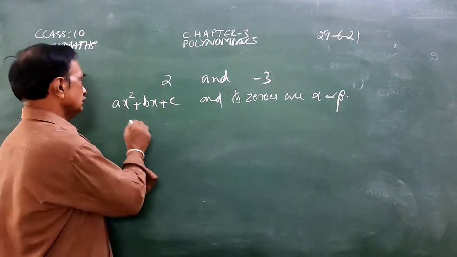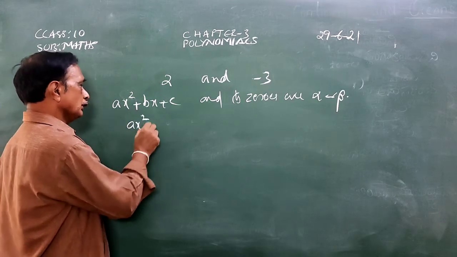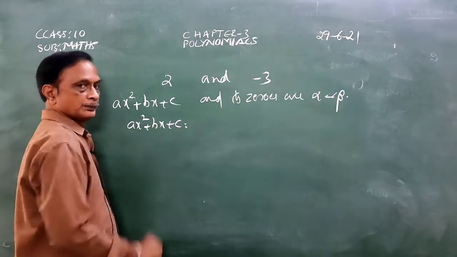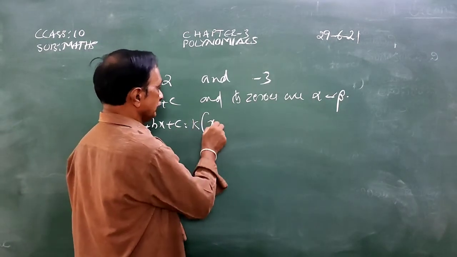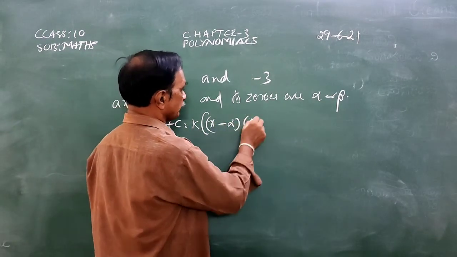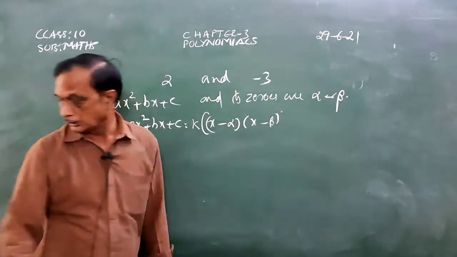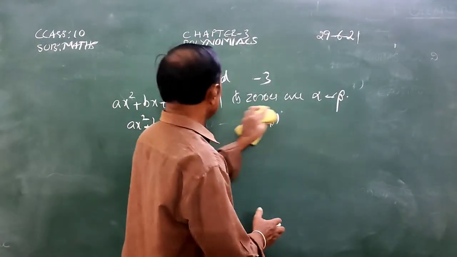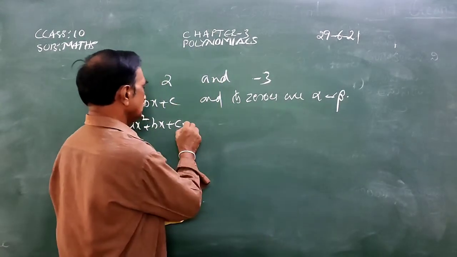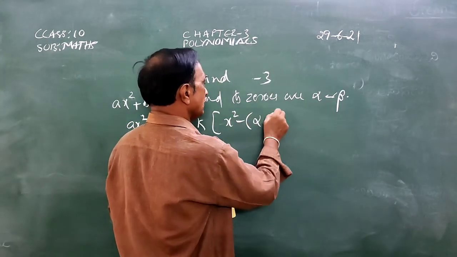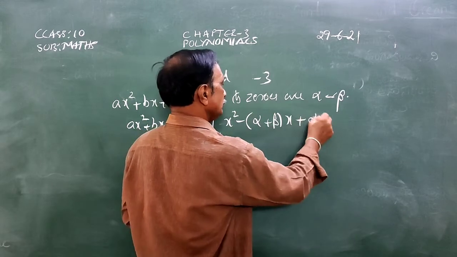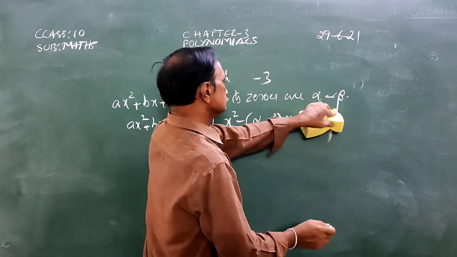We know that ax square plus bx plus c can be written as k into x minus alpha into x minus beta, or k into x square minus half alpha plus beta into x plus alpha beta.